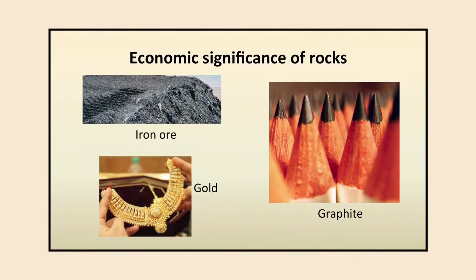Graphite, the commonly used thing made of graphite, is our pencil. So pencils have graphite in them. Then there is gold, which we use for ornaments, and gold is used for various other purposes in several industries and for chemical processes also. So these are some of the economic significances of the rocks.